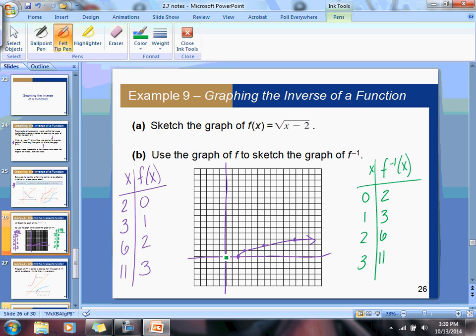And then I plot them. So (0, 2), (1, 3), (2, 6), and then (3, 11). And there's my inverse. Now I'm going to do a quick little double check.